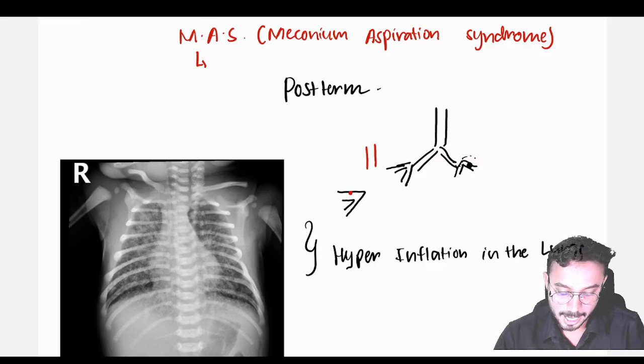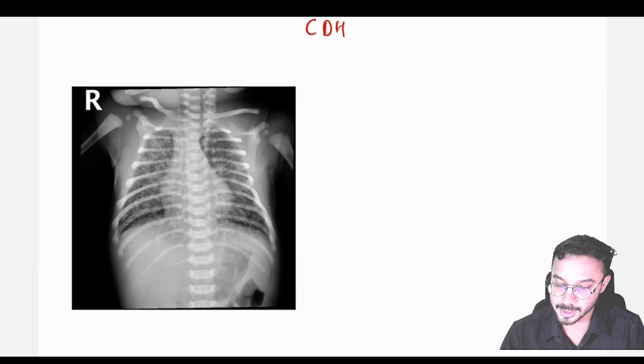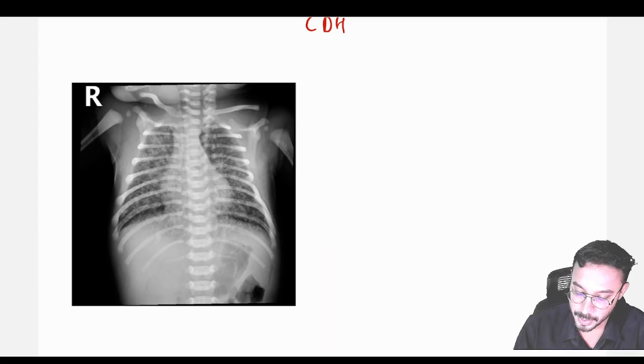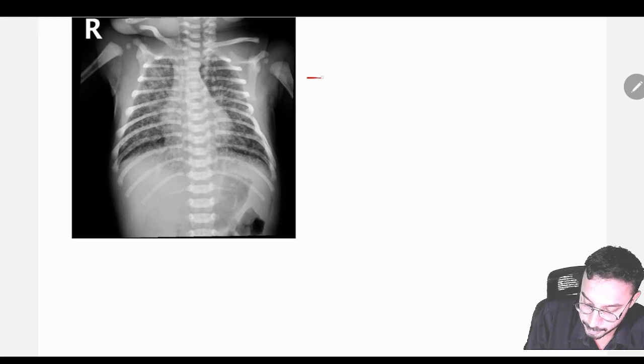And next, look at this last one, congenital diaphragmatic hernia. You can find the abdomen present in the upper part, in the chest, known as scaphoid abdomen.